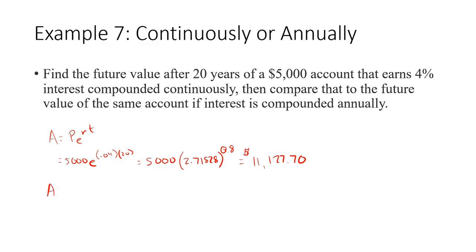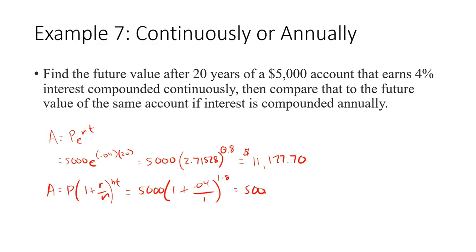If it's compounded annually, 1 plus r over n to the nt, well again, n is 1 here. So 5,000 times 1 plus 0.04 over 1 to the 1 times 8.